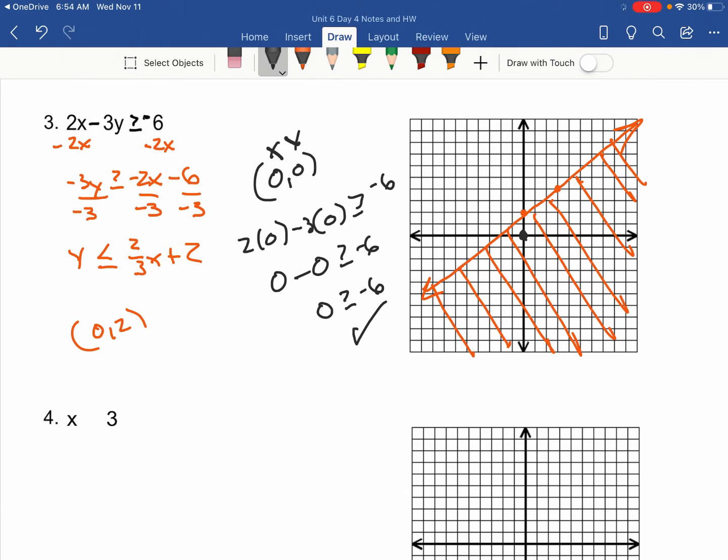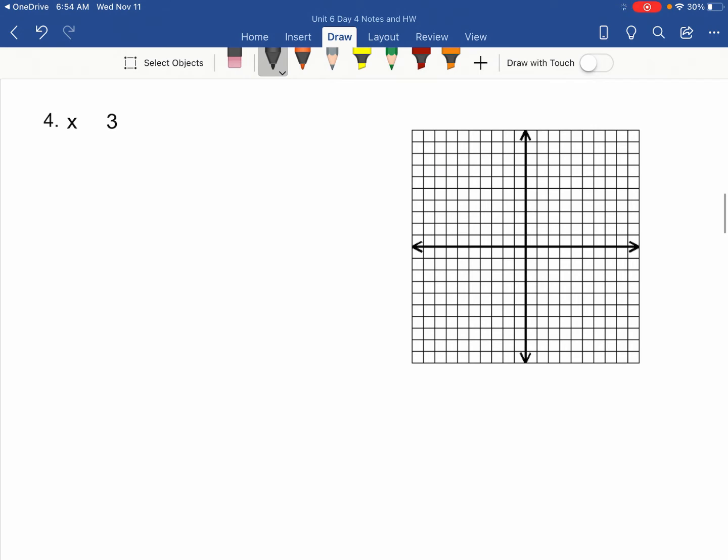Okay. All right, I'm going to look at the last one. Okay, last one on our notes. So first I need to fix it. X is greater than or equal to 3. We've got to remember when we have x is equal to a number, what kind of line it is, and y is equal to a number, what kind of line it is.